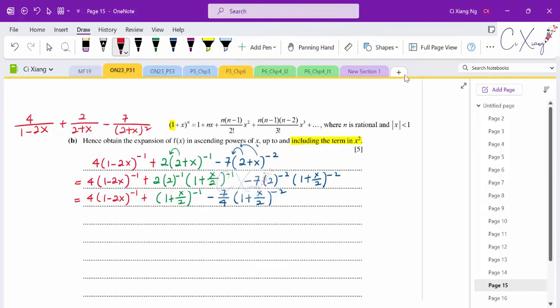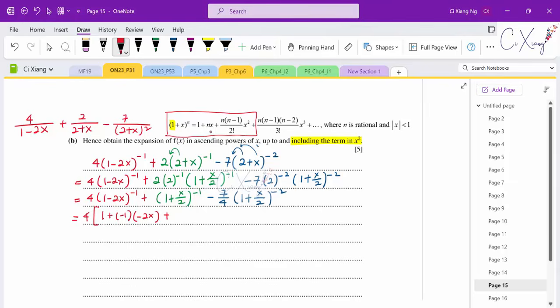We are interested up to x squared, so we only focus on the first 3 terms of the formula. You start, 4 is a constant, you copy as a 4. First term is always a 1 if you refer to the formula. Second term is nx, so you take negative 1, which is the power n, and x is the term at the back, so you're having negative 2x in this case.